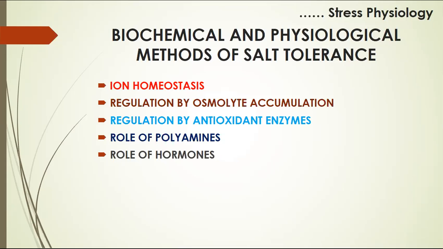Polyamines under severe salinity stress are exhibited by them, and types of polyamines that we are talking about are PUT, SPD, and SPM. And hormones like abscisic acid, salicylic acid, and brassinosteroids are also helpful to the plant in physiological and biochemical methods of salt tolerance.